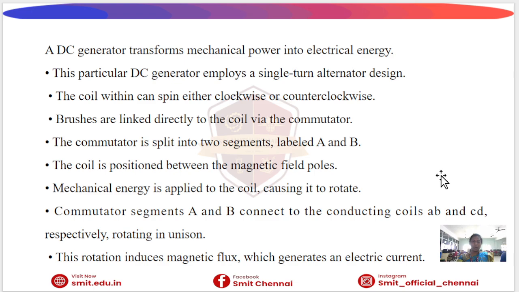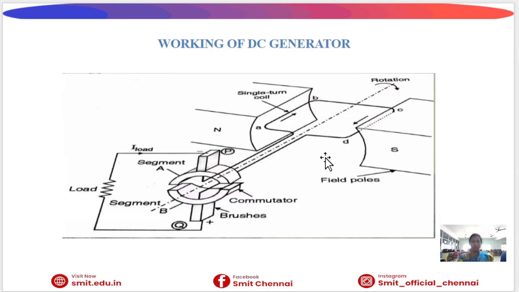Next is the working of the DC generator. Mechanical energy rotates the armature coil, and this coil rotates inside the magnetic field. As the coil cuts the magnetic flux, an EMF is induced in the conductor. The induced EMF is initially alternating, and the commutator is used to convert the AC into DC.